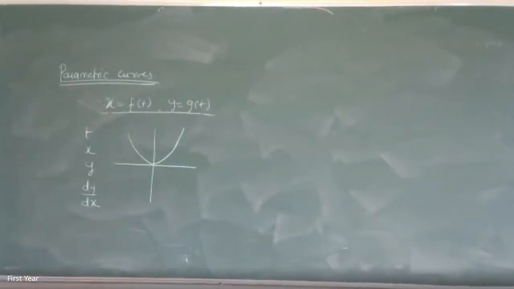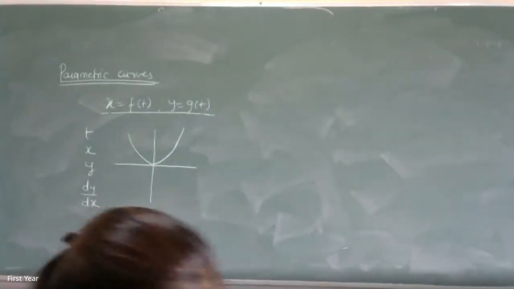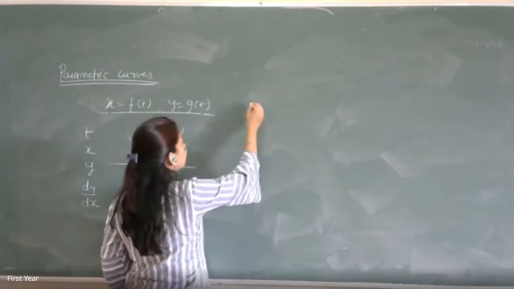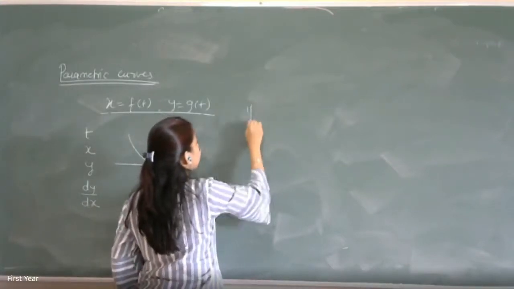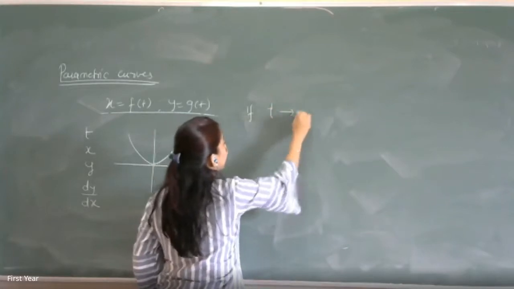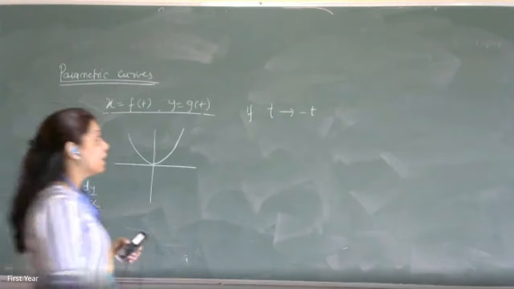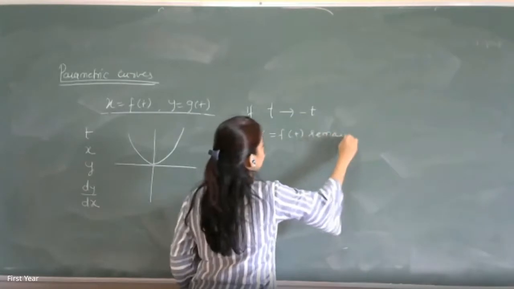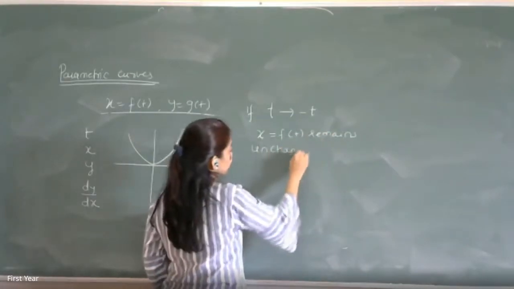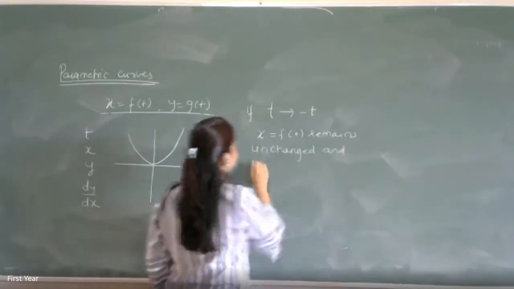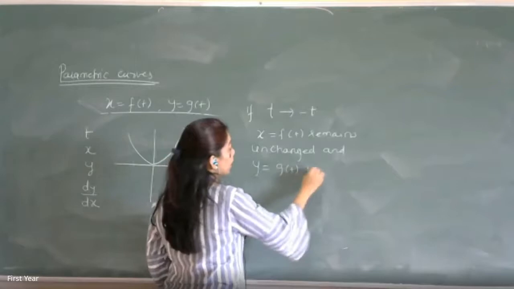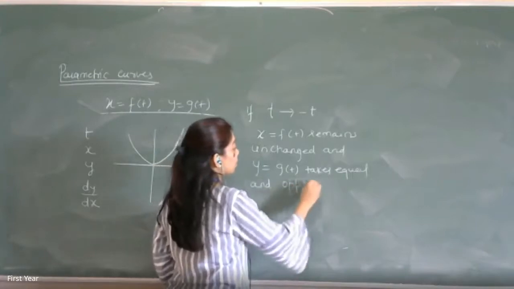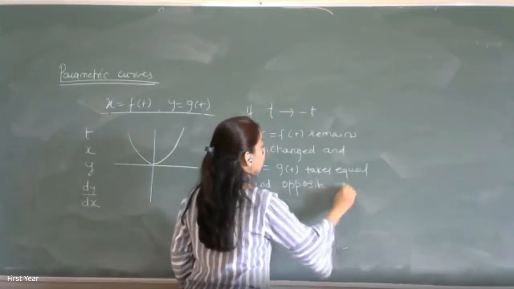The curve is said to be symmetric about x-axis if, replacing t by minus t, x, which is f of t, remains unchanged, and y, which is g of t, takes equal and opposite value. Are the two statements same?